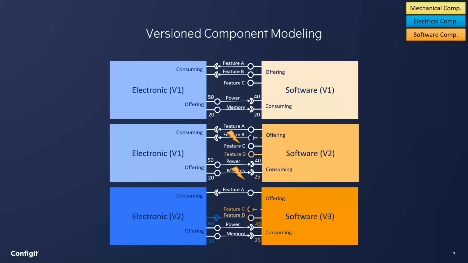So the system knows again, okay, version 2 of the software and version 3 of the electronic are compatible. And this information, when we put it into the product model, we can use later on for some nice use cases.